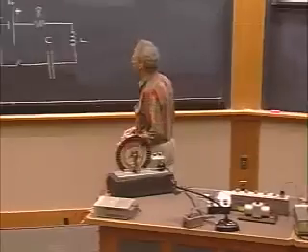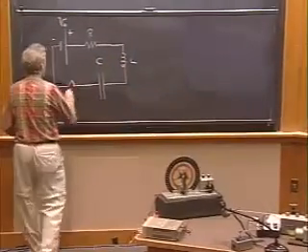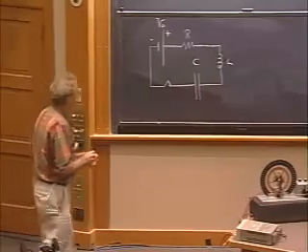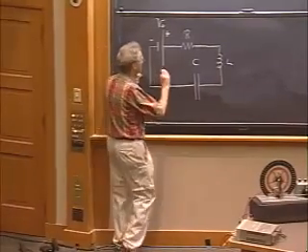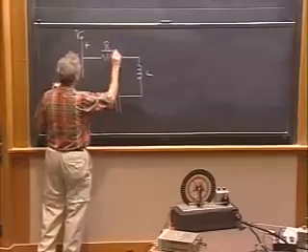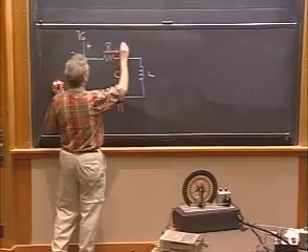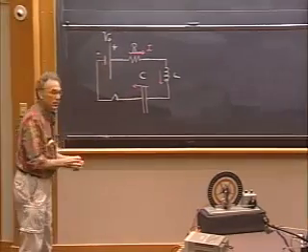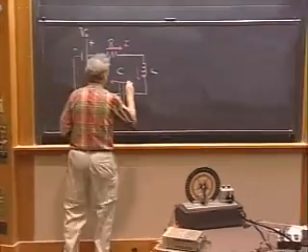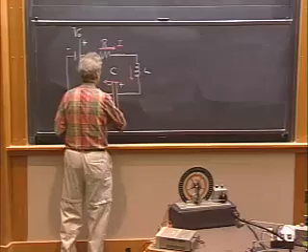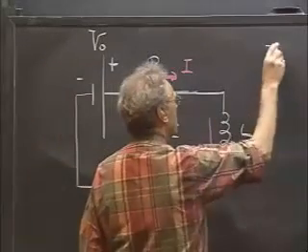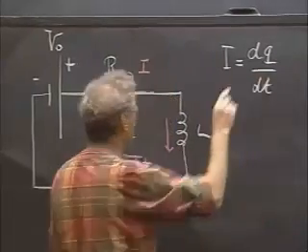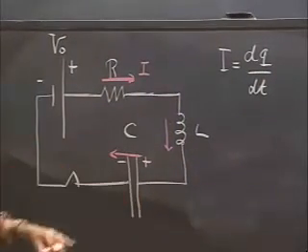The way that I solve these problems is a strict discipline. I assume that when I start it, that there is a current going in this direction, I. That current will make this side of the capacitor more positive than that side. So I equals dq/dt, q being the charge on this side of the capacitor.